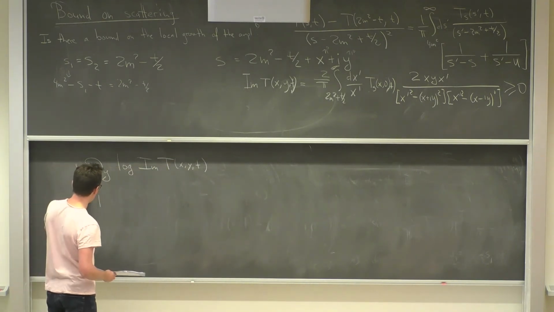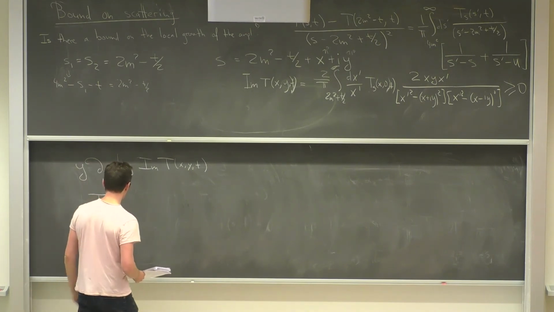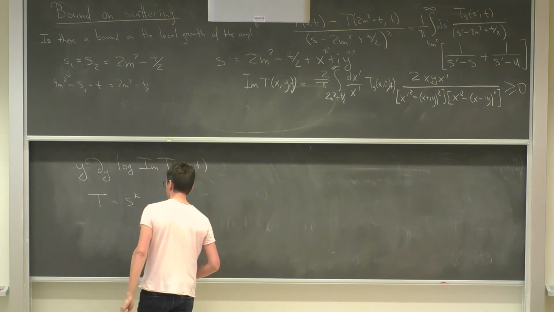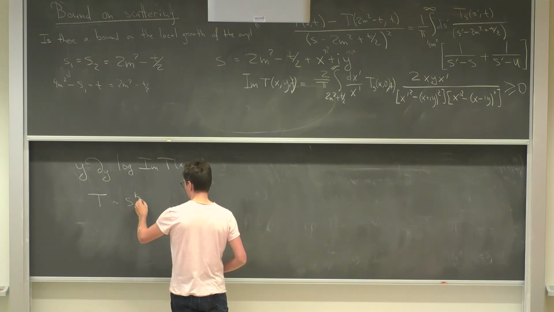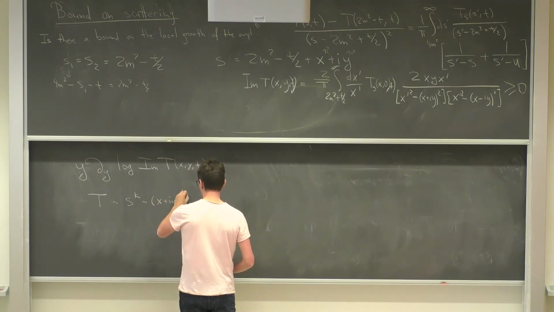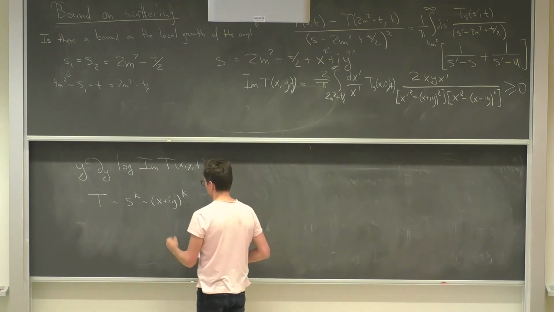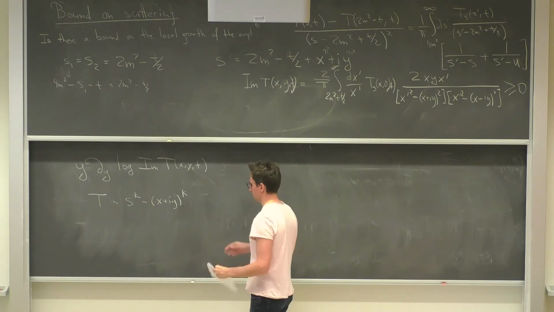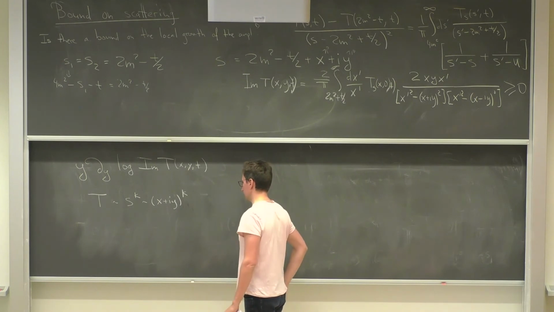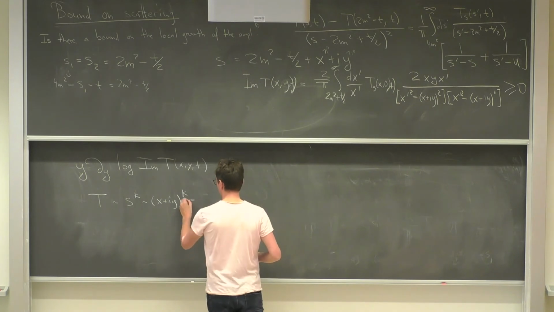Well, imagine your amplitude behaves locally. You measure it in the experiment. Let's say it behaves like s to the k. So effectively, if you evaluate it at x plus iy to the k, let's say y is small. We are just studying the behavior of this amplitude close to the real axis.